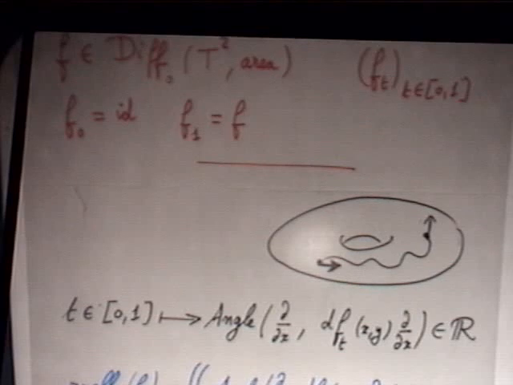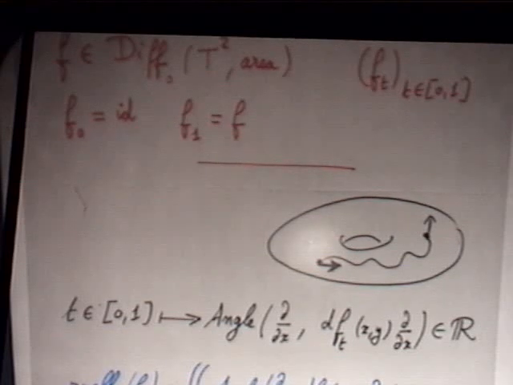And you follow this vector by the differential of the isotopy. So you move this vector along the torus using the differential of f_t. And you get in this way a curve of tangent vectors in the torus.